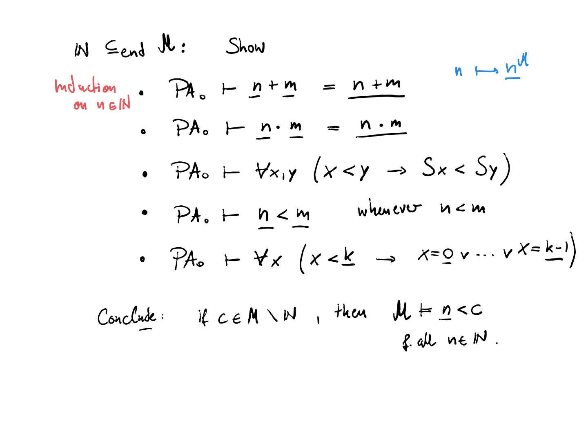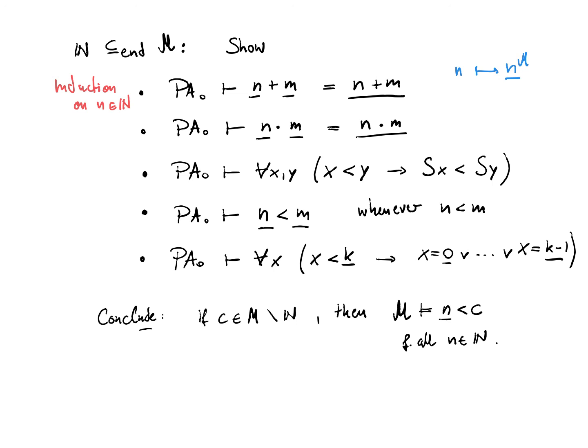Next, you use the axioms to show that the less-than relation is preserved under successor. This allows you then also to conclude that this holds correctly between the constant symbols whenever n is less than m.